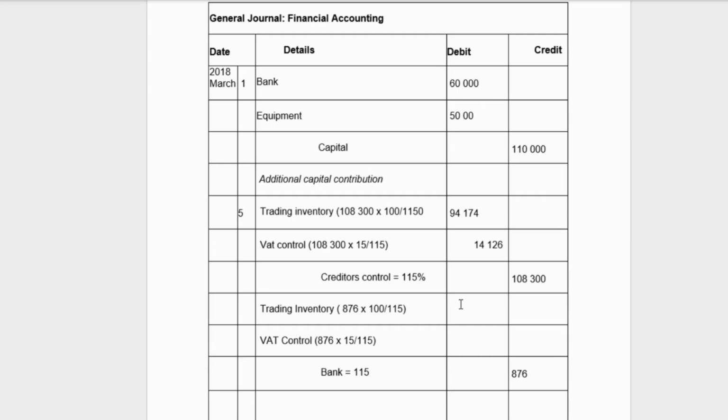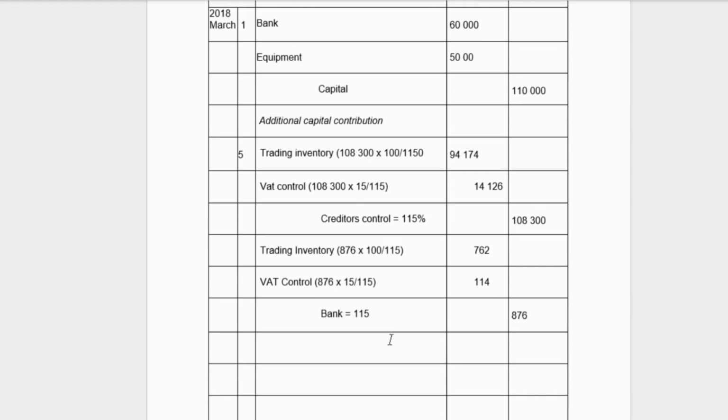For trading inventory, I am getting 762, and then for VAT control, I am getting 114, right? When you add both of them, they must give you a total of 876, okay? All right, and then that is how we record transaction number 5 in full.